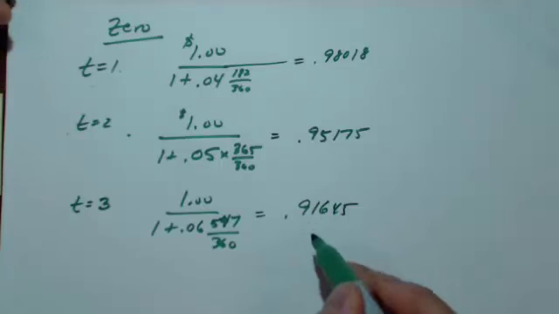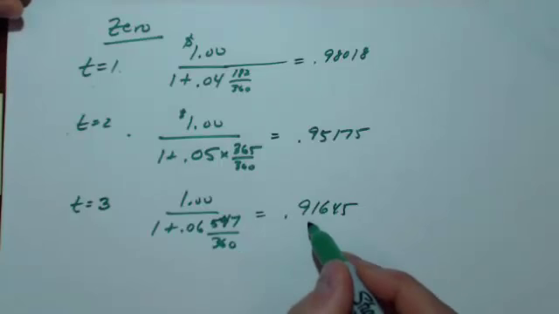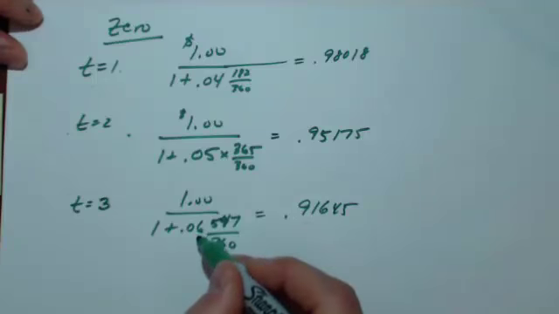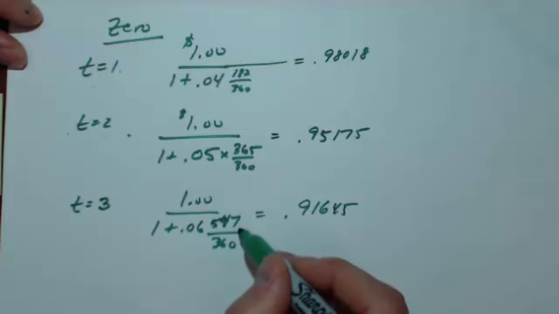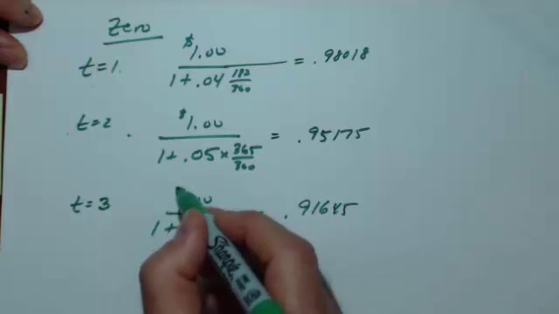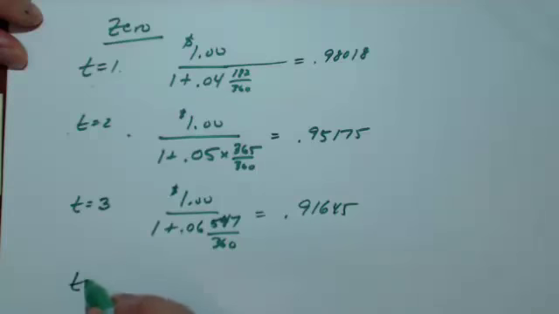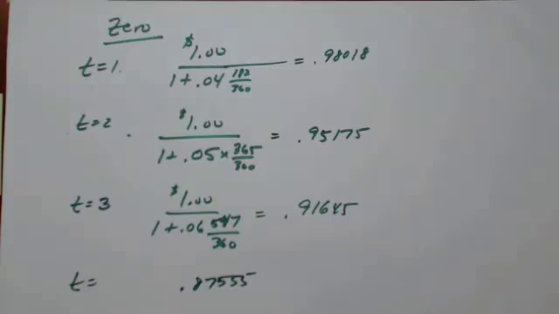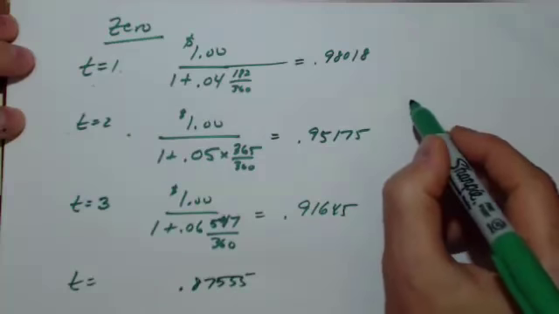So if you were to invest a little over 91 cents today at 6% for 547 days, it would mature at $1. Do the same thing for period 4, and you would get 0.87555. Okay. Your textbook calls these the price of bonds.